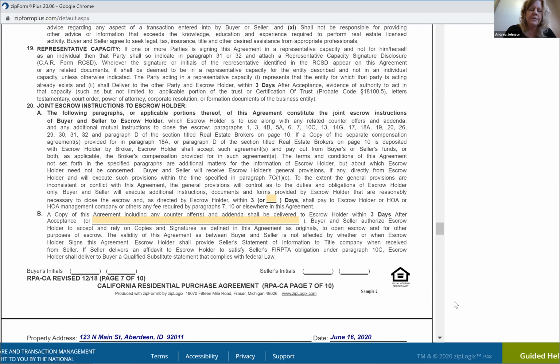So let's say it's the Andrea Johnson Trust, and the Andrea Johnson Trust is, let's call it, the seller of the property. Andrea Johnson will execute an RCSD for sellers saying that I am the authorized signer for that trust, for the entity that's actually the seller.